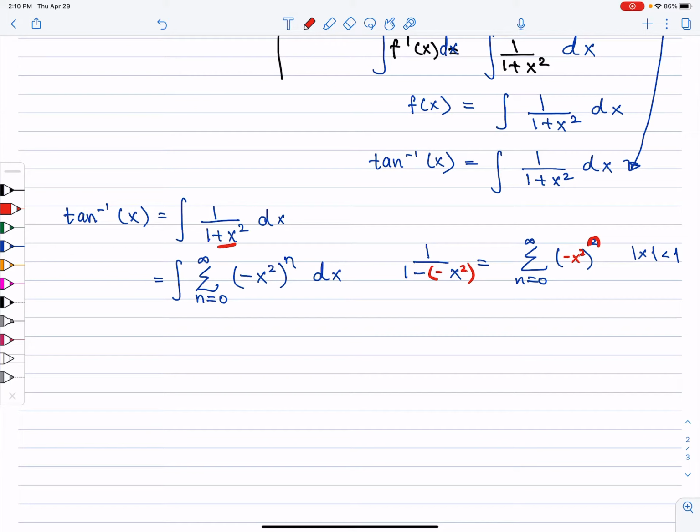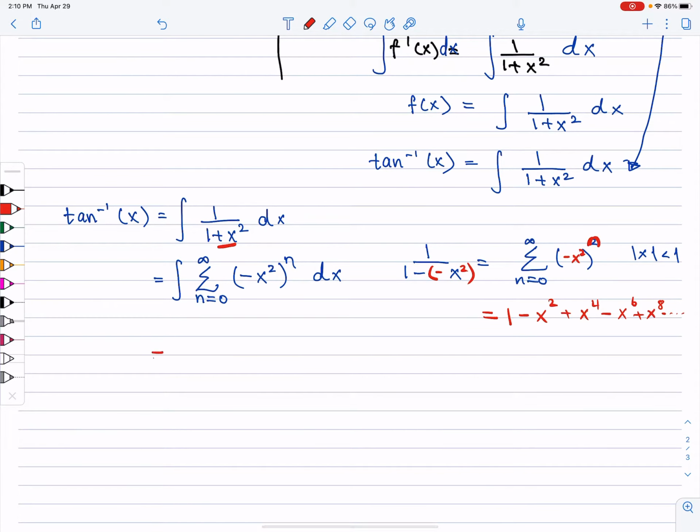We can expand this if we wanted to, and actually I'll show the work. If n is equal to 0, you have 1. If n is equal to 1, you have negative x squared. If n is equal to 2, you have a positive x to the 4th, minus x to the 6th, plus x to the 8th, and then the idea continues.